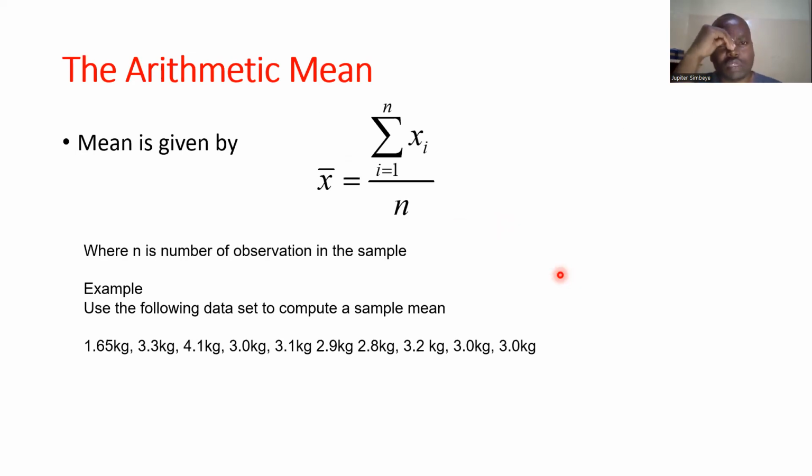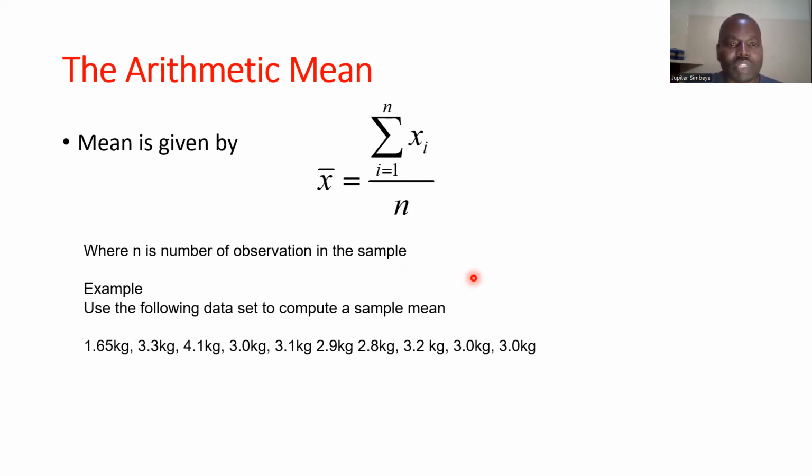So assuming you have this, this is now the definition of the mean from the sample. If you look at what we have been having, we have been having a big N, more or less assuming that we have observed, from a population, a set of observations from the entire population.